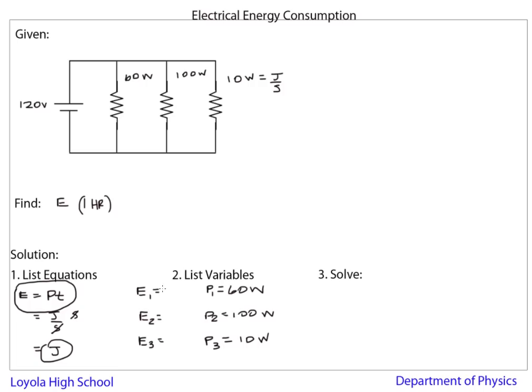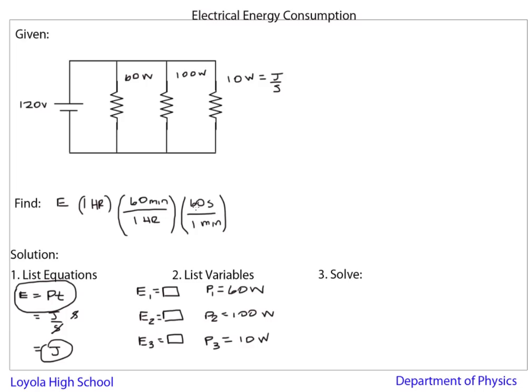Now the time we have is 1 hour, but if you recall, we need to have time in seconds, as I stated here. So I'm going to take this 1 hour and do a little conversion. I'm going to break an hour down into minutes. 1 hour is equal to 60 minutes, and each 1 minute is 60 seconds.